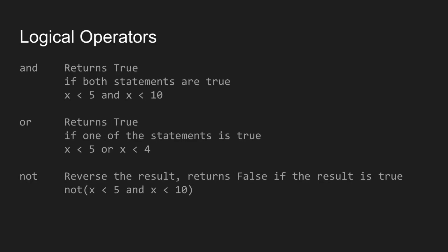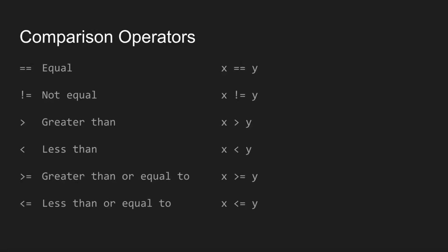Then you have the not, so you can not and then wrap them in parentheses, this and this, right? Obviously, it returns the reverse. So if x is less than 5 and x is greater than 10, then 6 would be false. It's not equal.